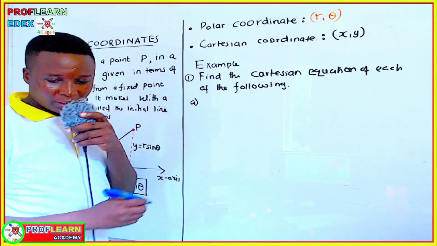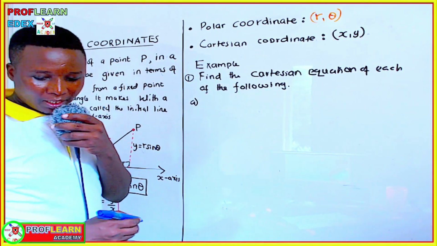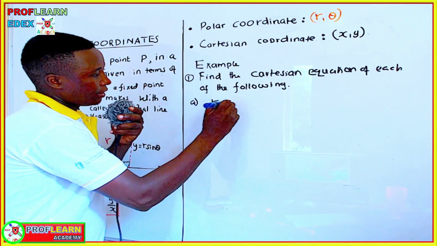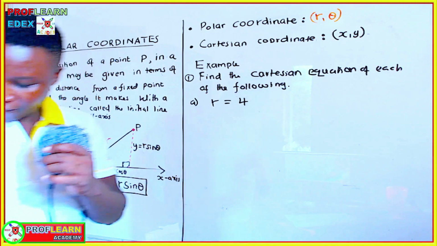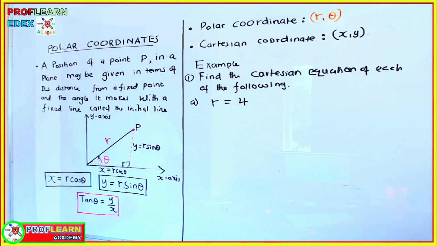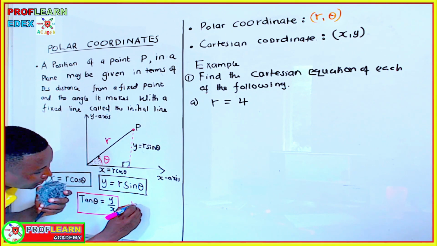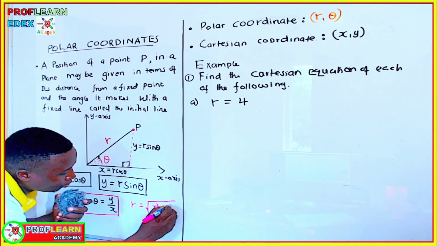The first equation we have at hand says r equals 4. Now this is the polar form of the equation. We need to identify what r is. For you to find r, r is the square root of x squared plus y squared.